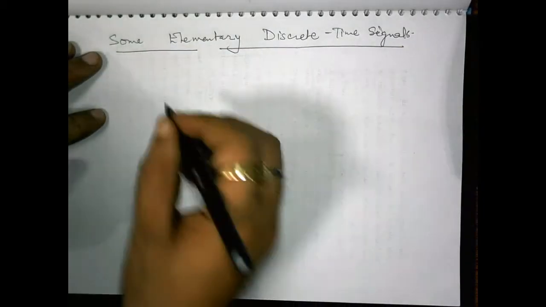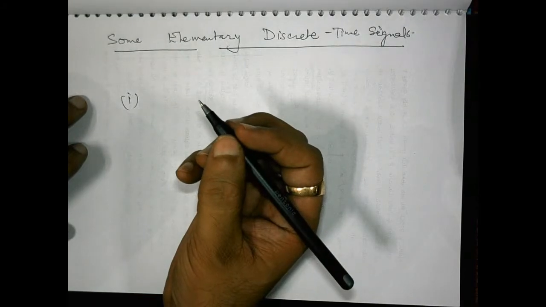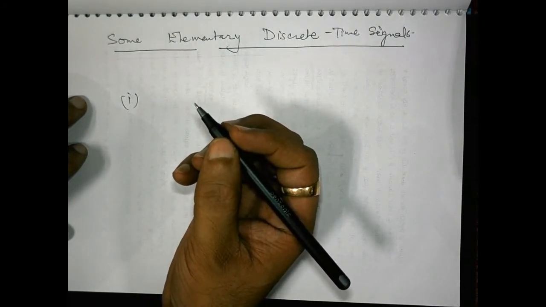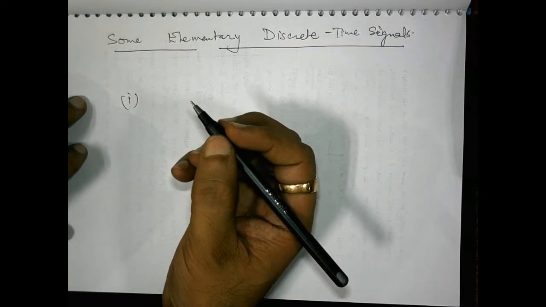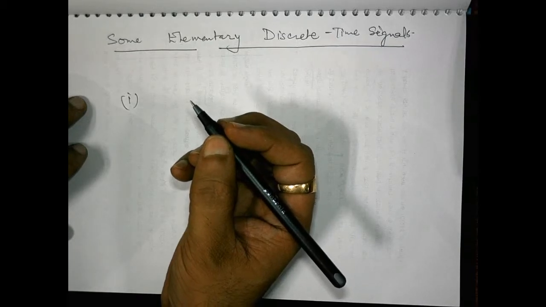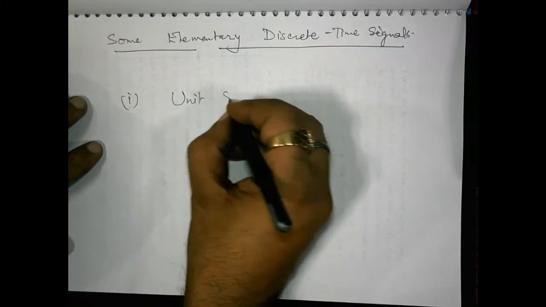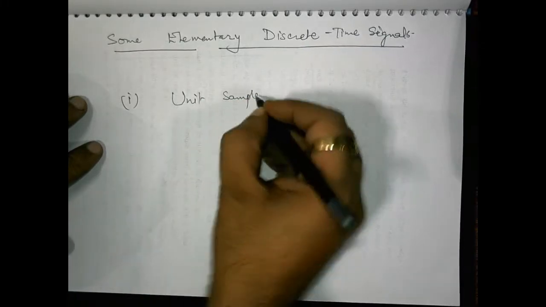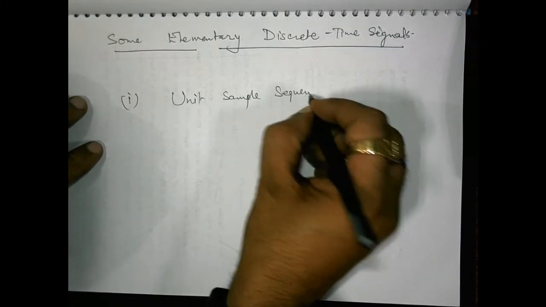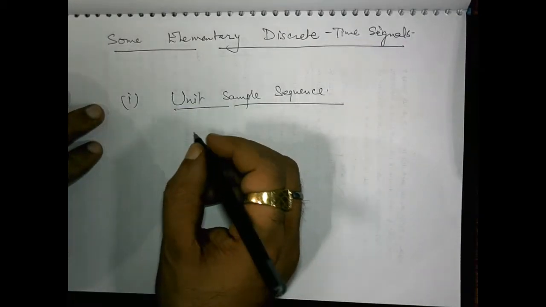The very first one, which has great significance in signal processing and signal analysis, or sometimes signal synthesis also, is the unit sample sequence, or this is also called the unit impulse.